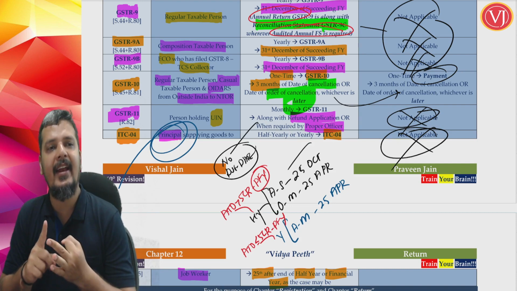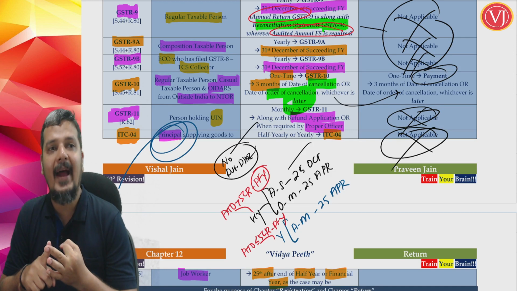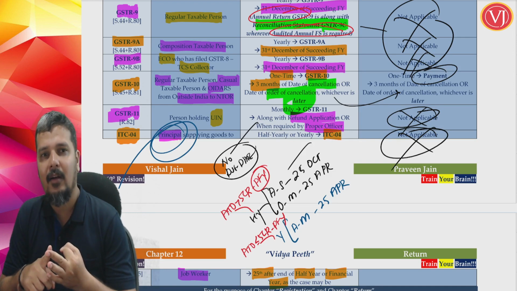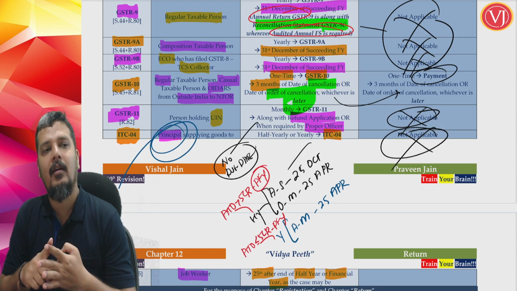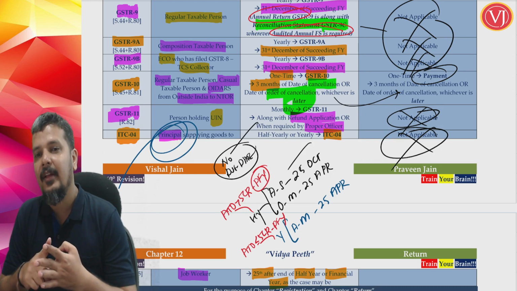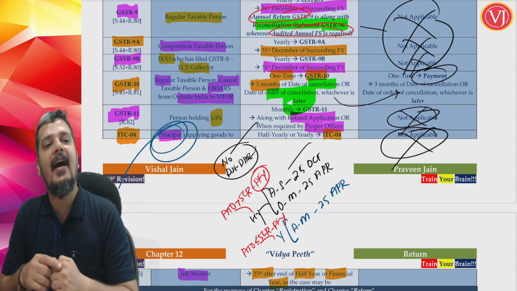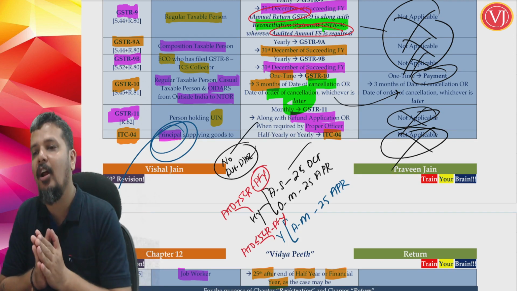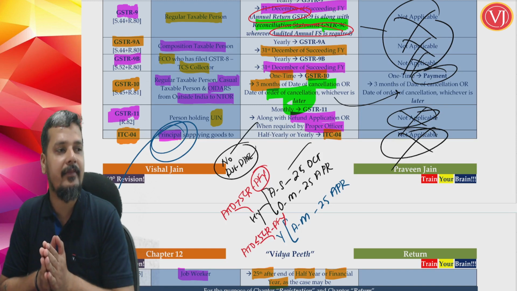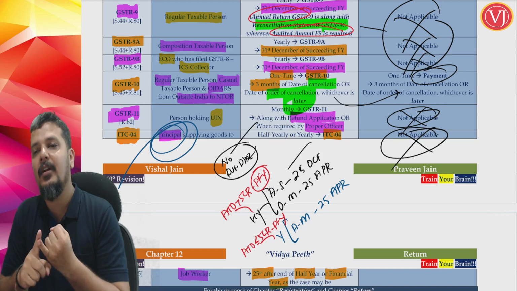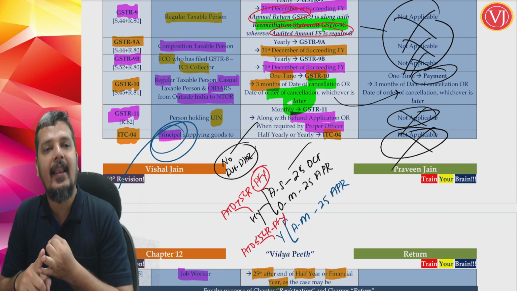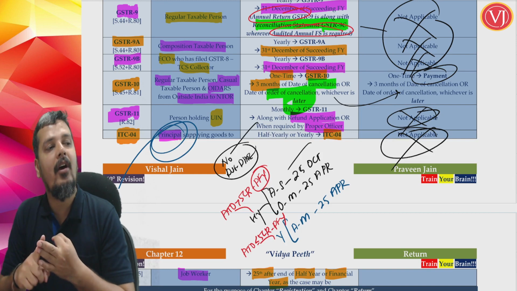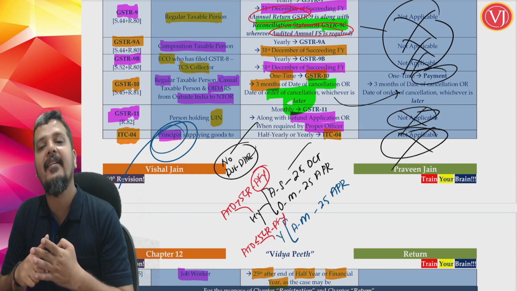GSTR 9, 9A, 9B, there is no mandatory payment that is required. GSTR 6, input service distributor, there is no payment. In these 4 cases, there is no payment, therefore there cannot be any due date of payment. I repeat, ITC 04, GSTR 11, GSTR 9, 9A, 9B, GSTR 6.